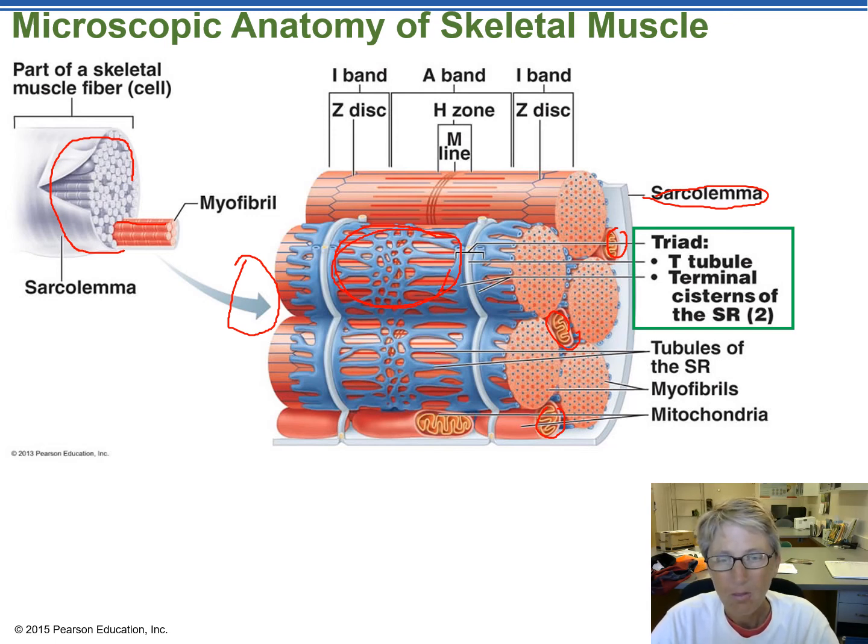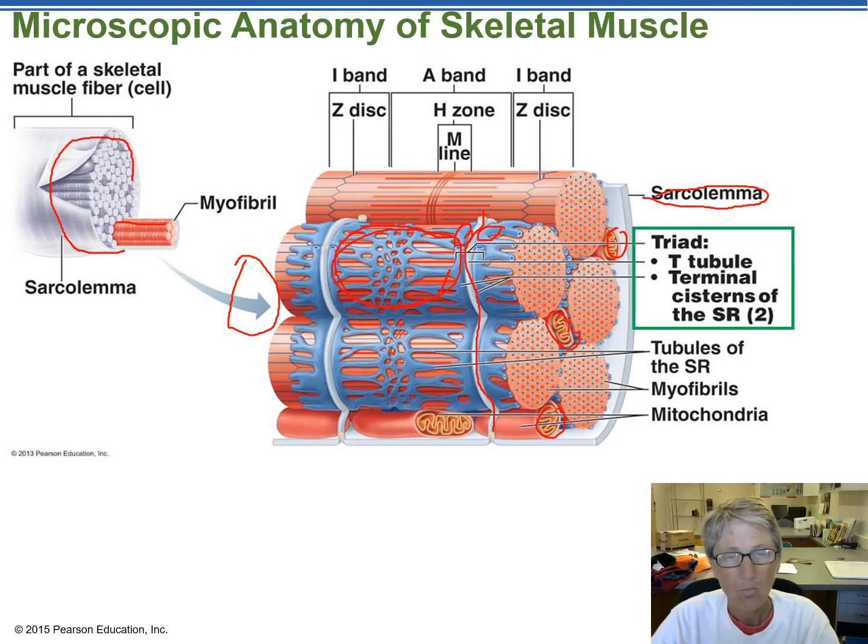And when the SR gets thick here, that's called a terminal cistern, and it's linked up with this white thing called the T-tubule. So when an electrical impulse comes down into the T-tubule, it will connect with the terminal cistern of the SR and allow the terminal cisterns of the SR to release calcium.